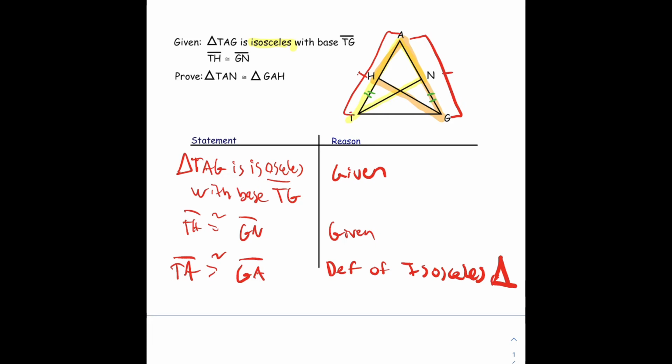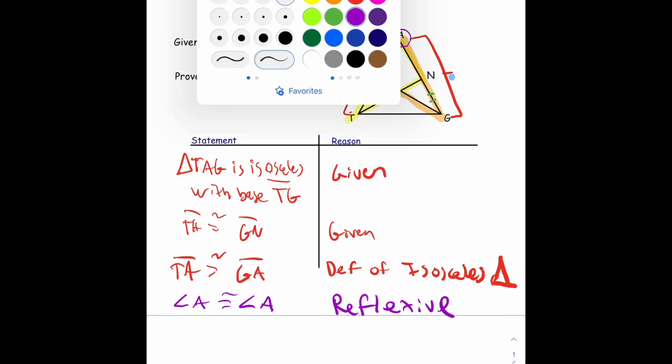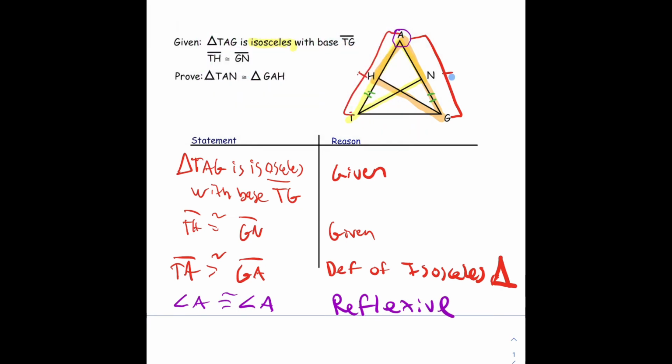And now I also notice that when I was highlighting these things, I used the same angle. Angle A gets used twice. So in both triangles, we could say that angle A is congruent to angle A because it's used twice. So we're fortunate because we now know that we have this big segment AT and this little segment HT.